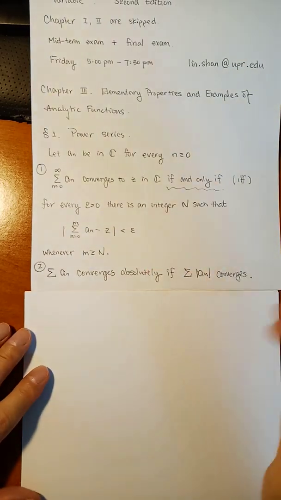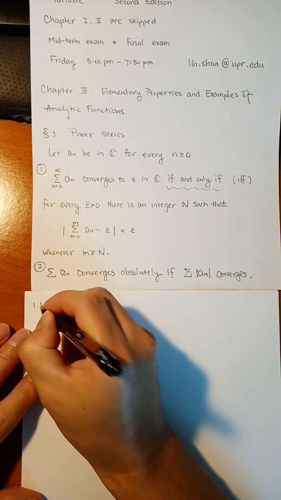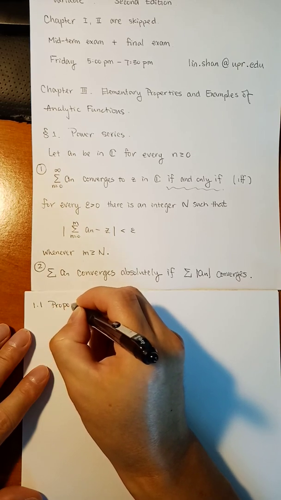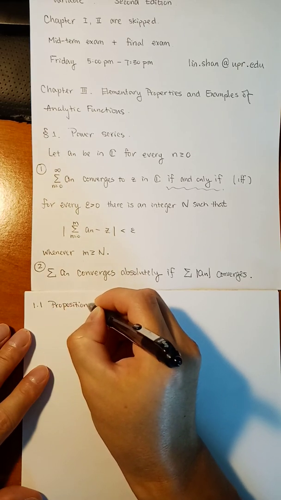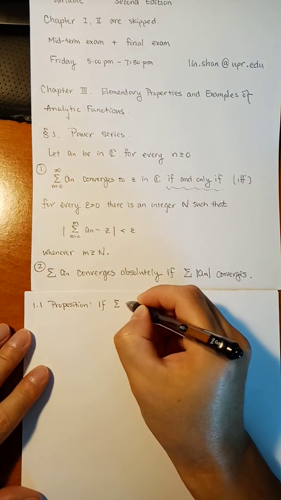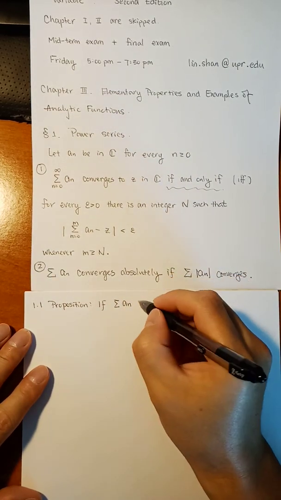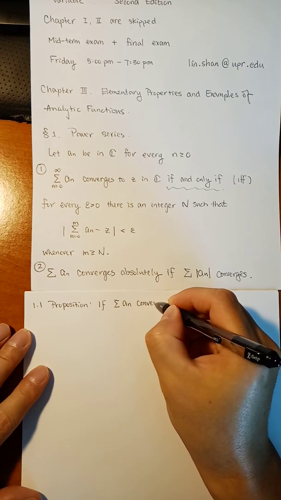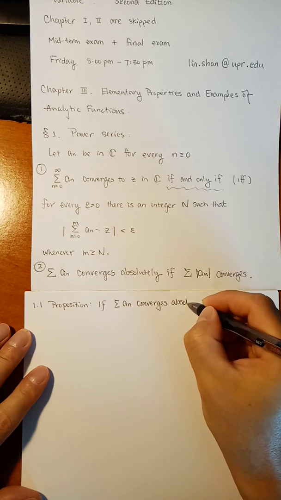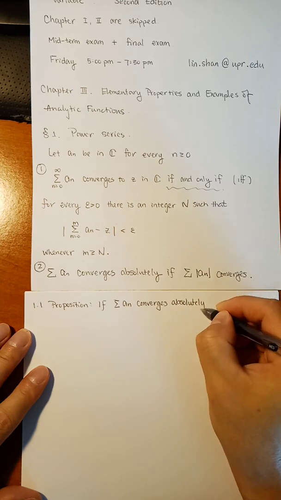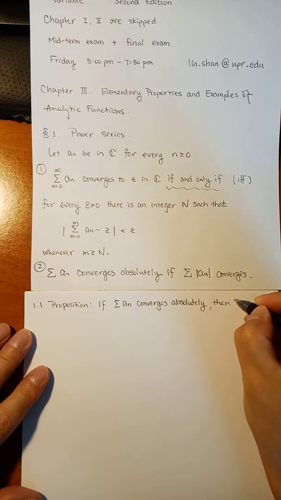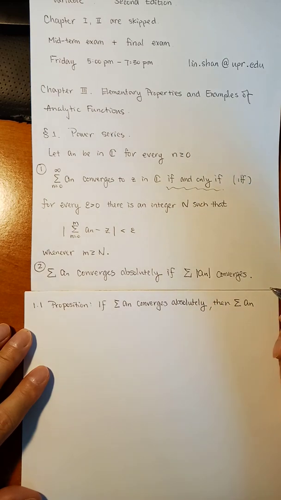So we also have the well-known fact. That's our Proposition 1.1. If sigma an converges absolutely, then sigma an converges.